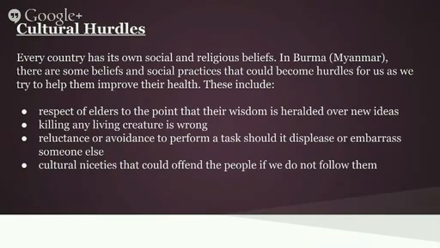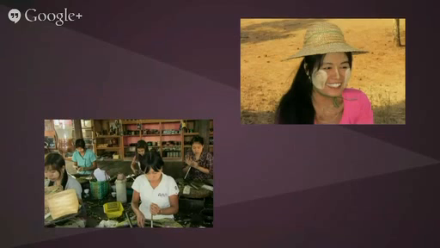The next one on the list is that killing any living creature is wrong. Number 3 is the reluctance or avoidance to perform a task should it displease or embarrass anyone else. And then there are also many cultural niceties or behaviors that could offend the people if we do not understand them and do not follow the boundaries.